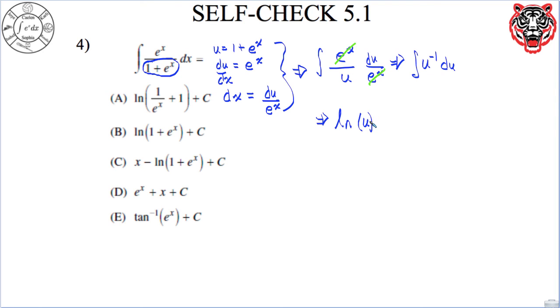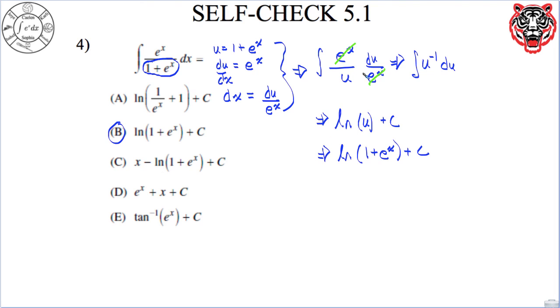And that is the answer, but we need plus c, and we need the u to be turned into an x. So it's the natural log of 1 plus e to the power of x, plus c. So b is the final answer. You can stop the video now.